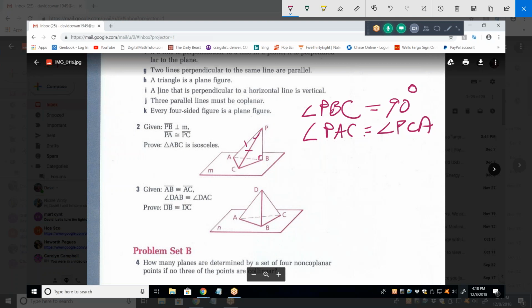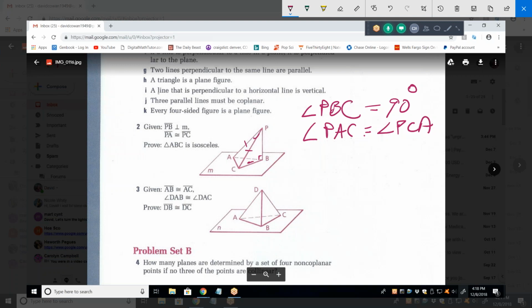PB is perpendicular to plane M. PA is congruent to PC, which makes angle PAC equal to angle PCA, but we don't know what it is yet. Prove this triangle down at the bottom is isosceles.